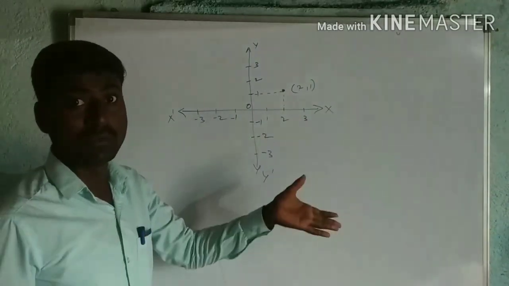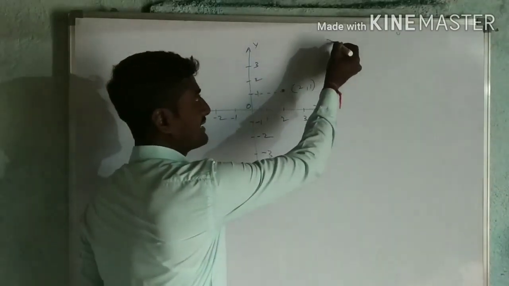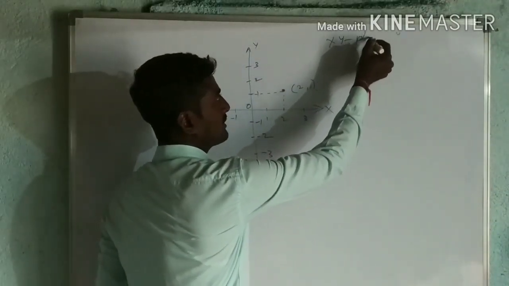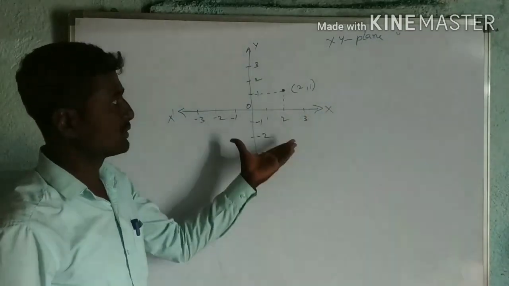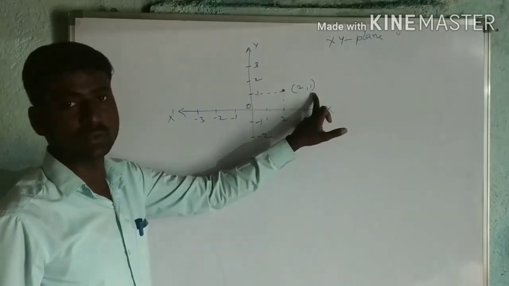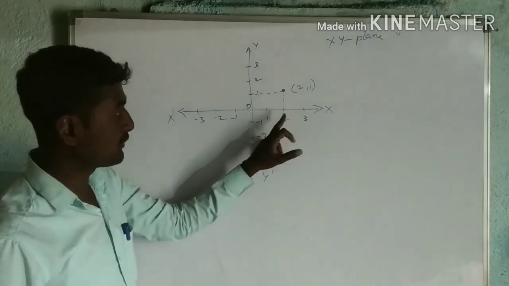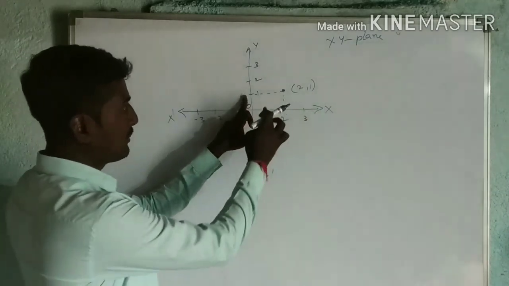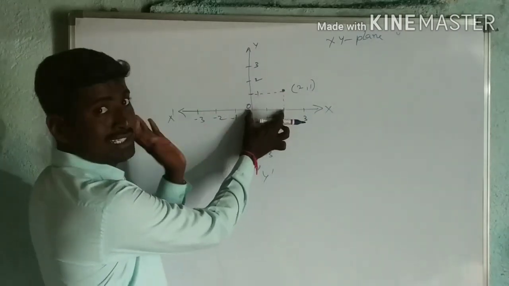You already know how to locate a point in the xy plane. I call this the xy plane because there are two axes, x and y. This is the x coordinate and this is the y coordinate. The x coordinate is the distance from the y-axis; from here to here it is 2 units, and this distance and this distance are the same.